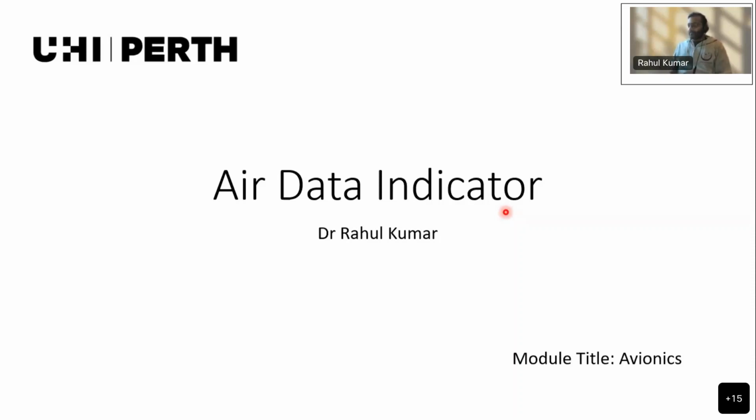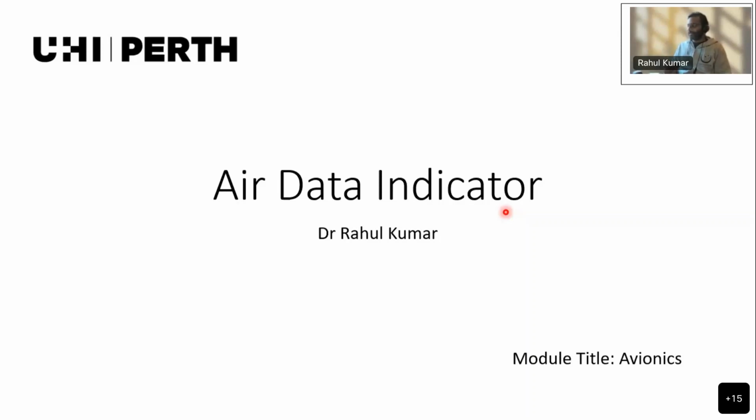Okay, so some of the dial panels. If you enter into the cockpit of an aircraft, you will see many dial panels, many measurement instruments. Some of these dial panels are your air data indicators.